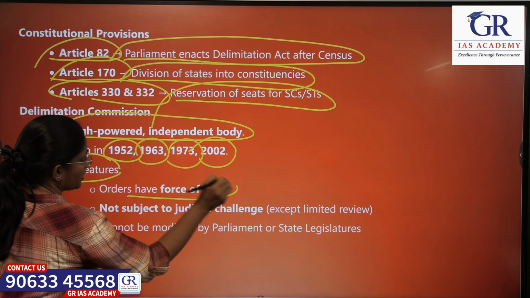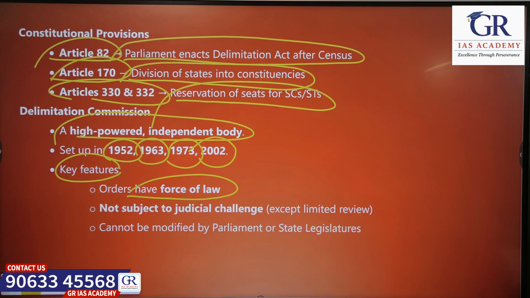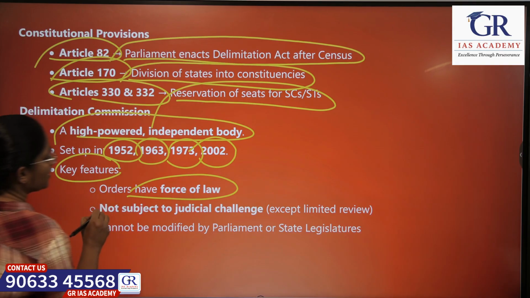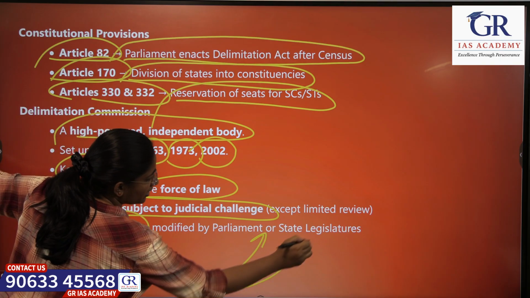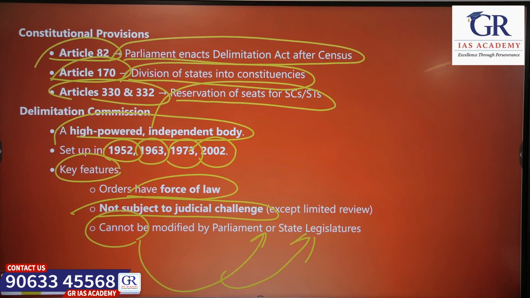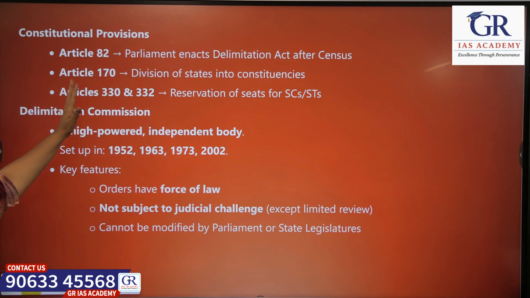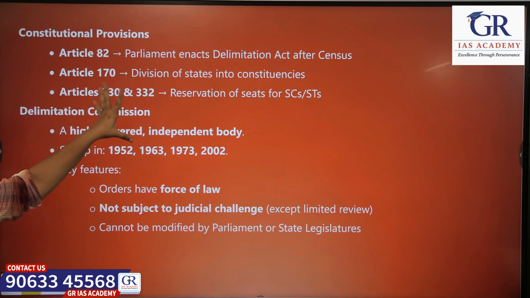The Delimitation Commission's orders have the force of law and are not subject to judicial review except for limited provisions, and it cannot be modified by Parliament or state legislatures. So whatever the Delimitation Commission gives for the constituencies will be final.